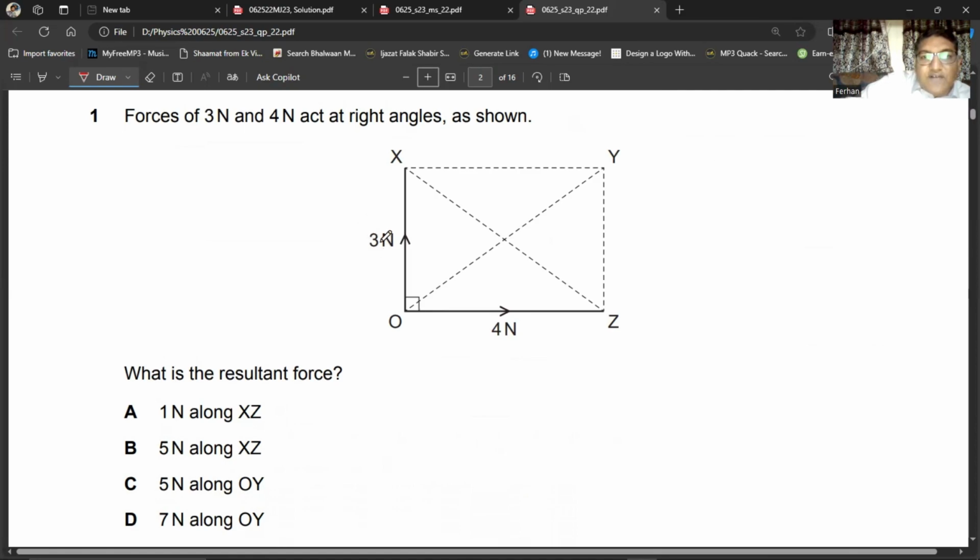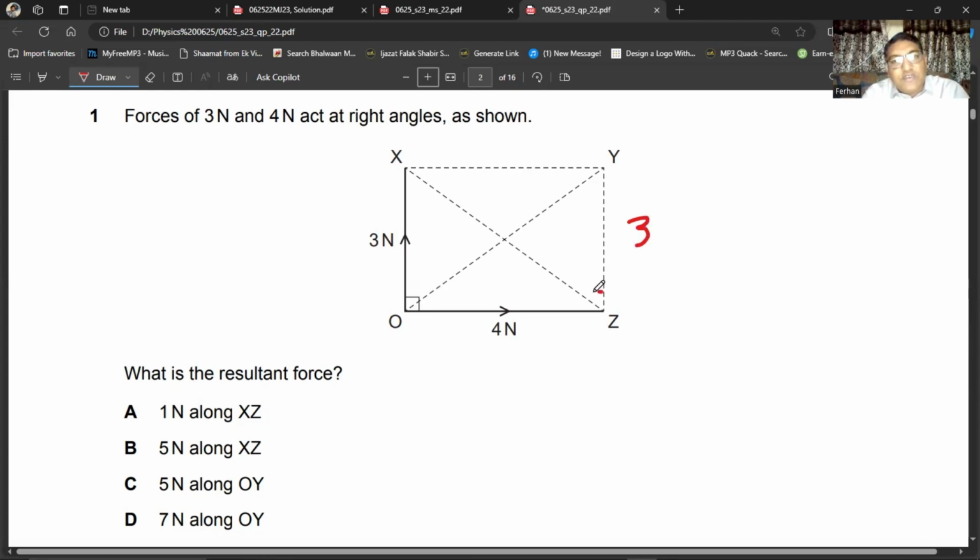These are the adjacent sides of that parallelogram, so this O, X, Y, Z, O is the parallelogram. Where the tails are joined, you join it with the opposite corner of that parallelogram, and that is your resultant.